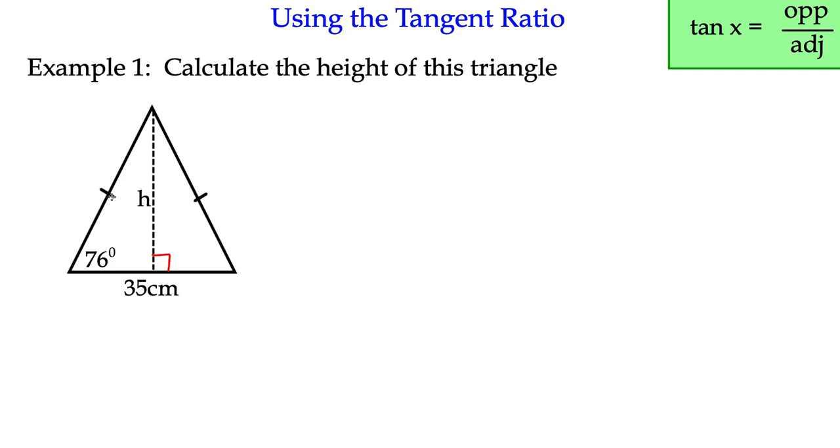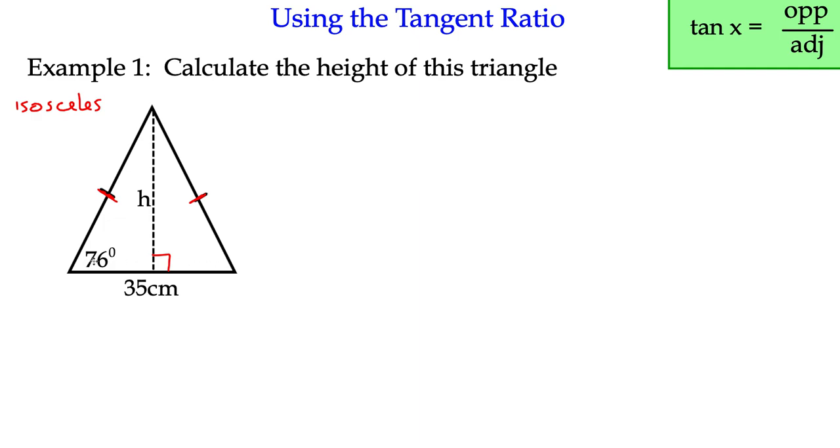You notice in the diagram there are these two little dashes. That tells us that these two lines are exactly the same size, which means we're dealing with an isosceles triangle. And that's important because it means that this height here is also the line of symmetry. It tells me various things.